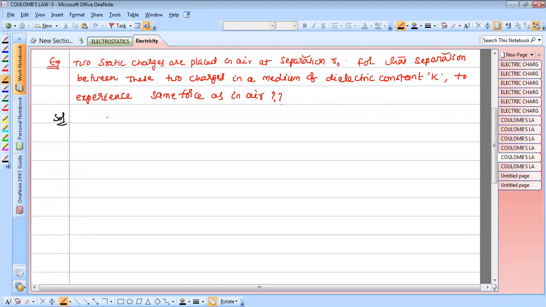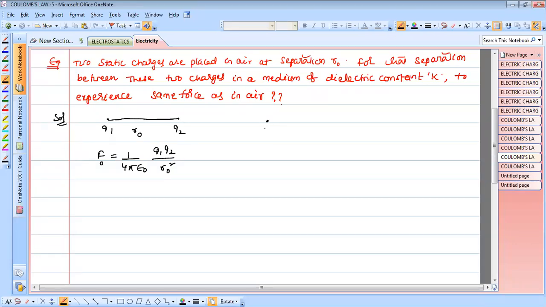Just look here. Two charges, for example, let us take the charges q1 and q2. In air, the separation is r naught. Now the force, f naught I took here, equals 1 by 4 pi epsilon naught into q1 q2 by r naught square.